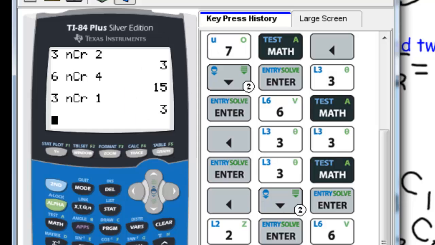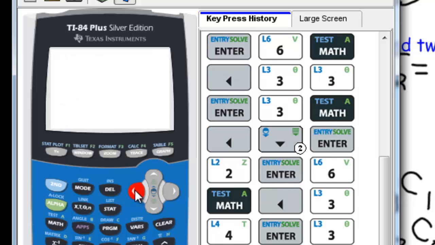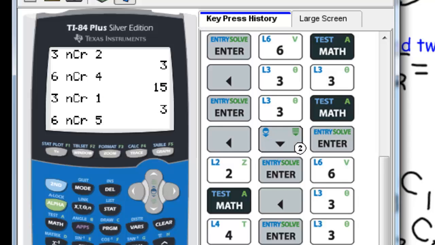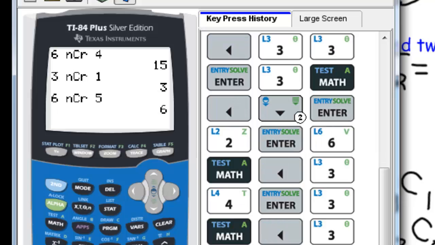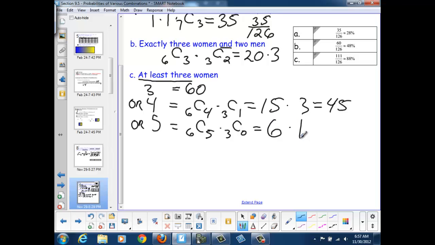And finally, 6C5 turns out to be 6. So 6C4 turned out to be 15. 3C1 turned out to be 3. 6C5 combinations, which was 6, times the one way of choosing no men, which gives me 6.